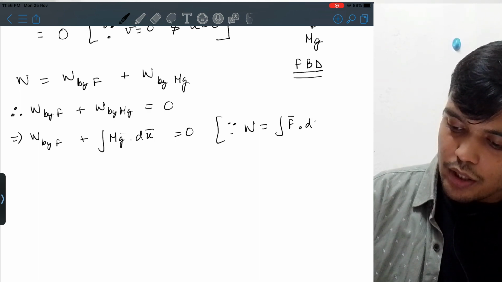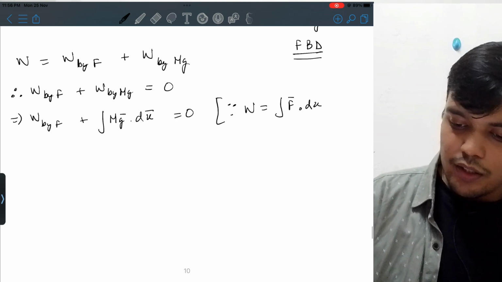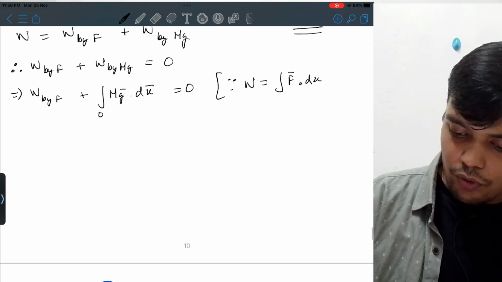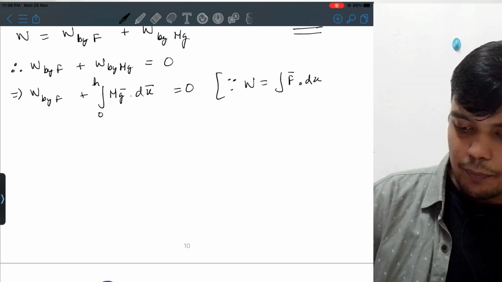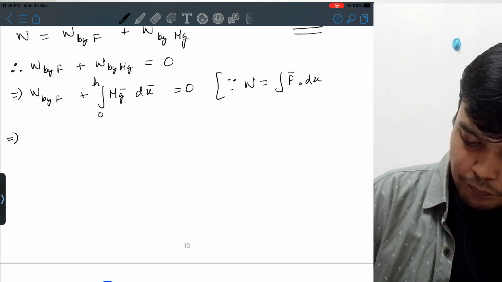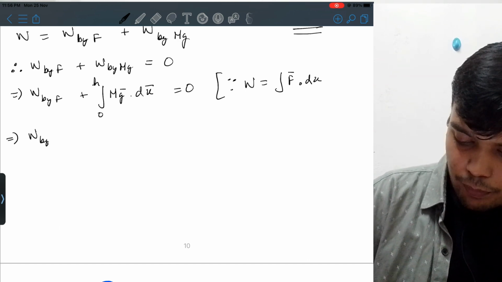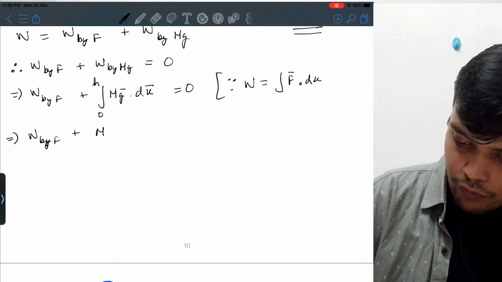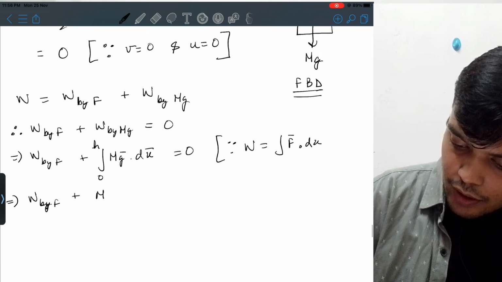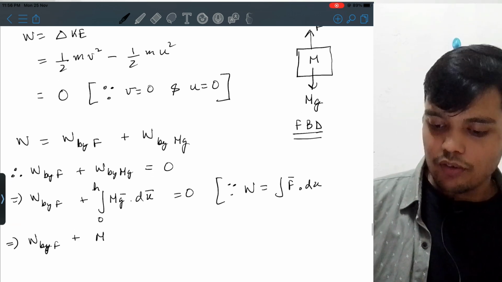Since work done is equal to F dot dx, here the x will be from 0 to h, which implies work done by F plus integration of mg dot dx.